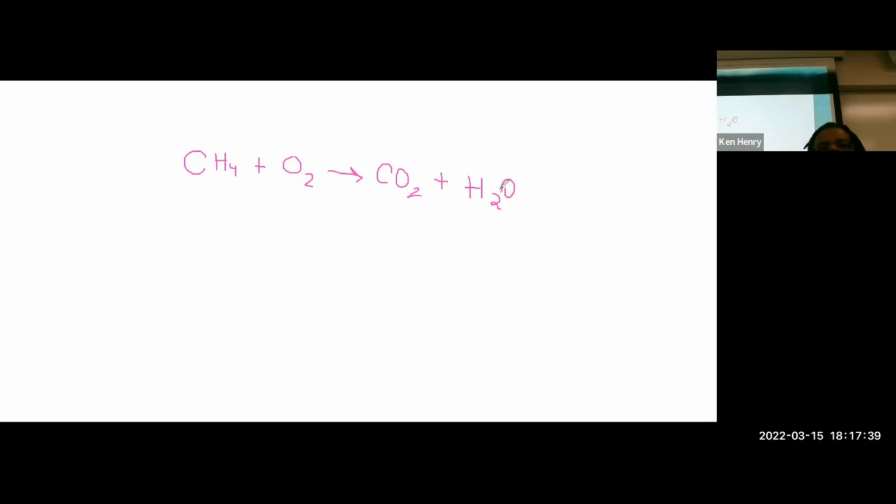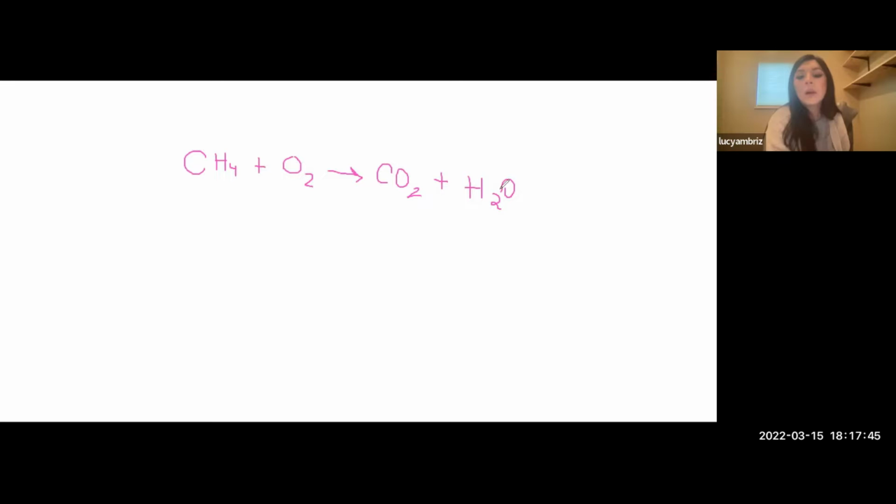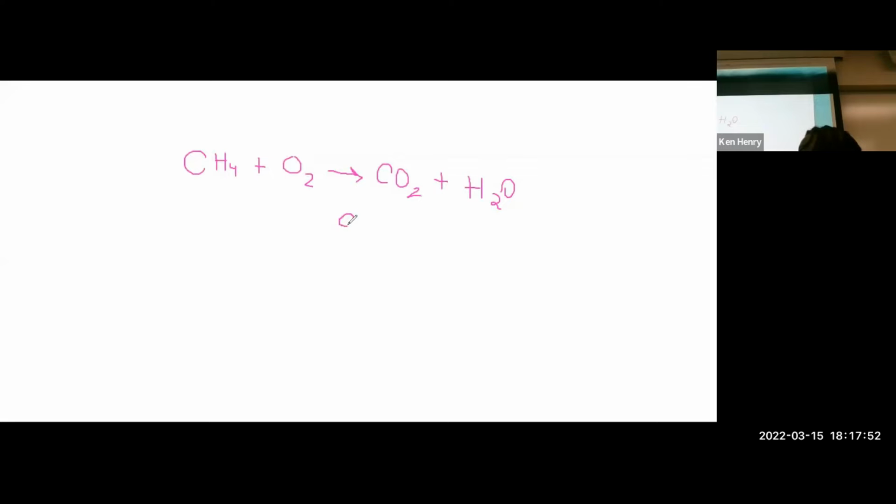Okay, so if we wanted to balance this chemical equation, where would we start? By writing down the different elements. Okay, so we're going to write down the different elements. We have carbon, we have hydrogen, and we have oxygen.